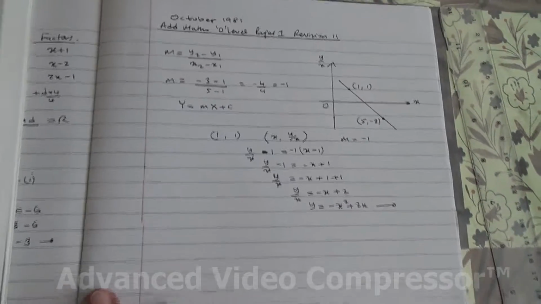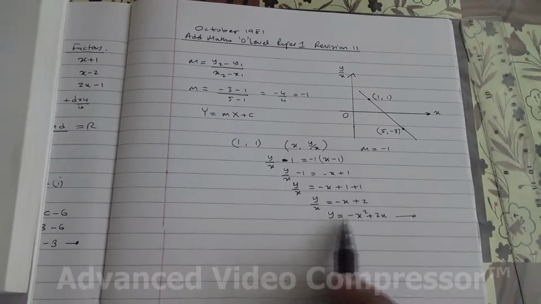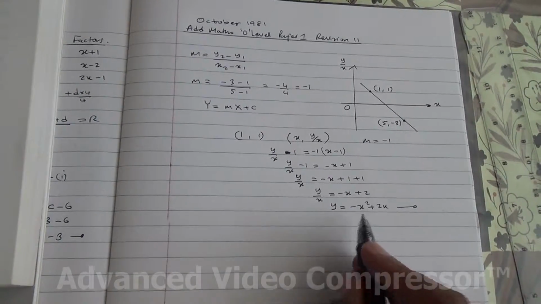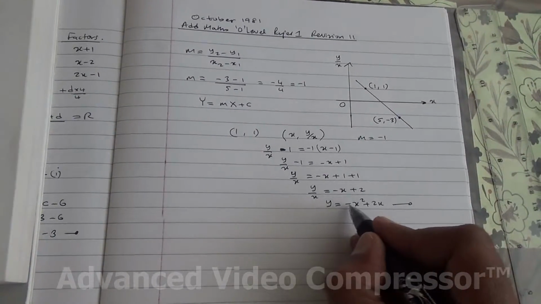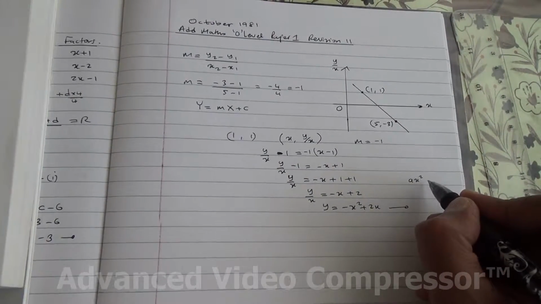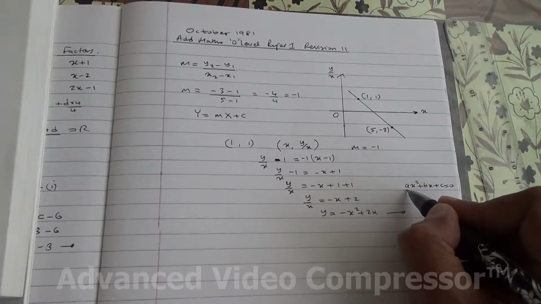We need to sketch the graph of y against x. Basically we're looking at a curve. This is the minus here. If you have a quadratic expression, generally the quadratic equation is ax squared plus bx plus c equals 0.